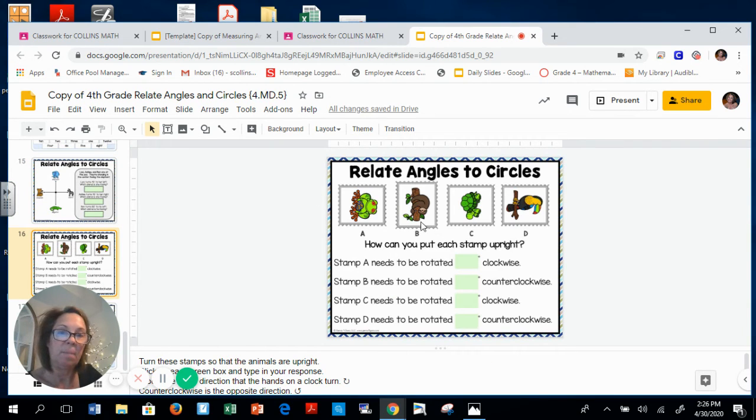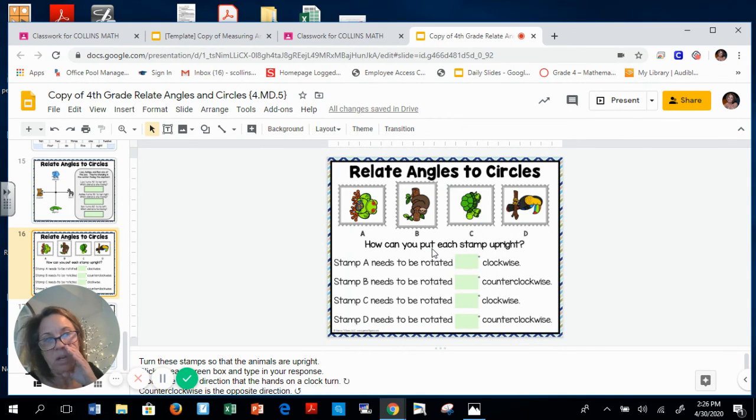This one is stamps. You have to know clockwise versus counterclockwise. I think of it as when I'm looking at a clock, the way the minute hand or the second hand or the hour hand goes around the clock, that's clockwise. If it's counterclockwise, that means you're going the opposite direction. But how many degrees would they have to rotate?